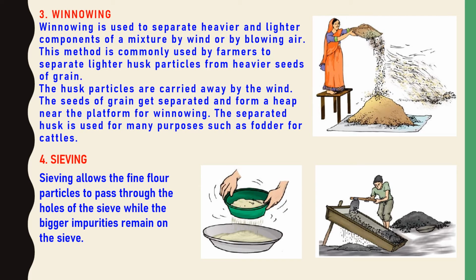Sometimes we may wish to prepare a dish with flour. So we need to remove impurities and bran that may be present in it. What do we do? We use a sieve and pour the flour into it. As you can see over here in the diagram, sieving allows the fine flour particles to pass through the holes of the sieve while the bigger impurities remain on the sieve.